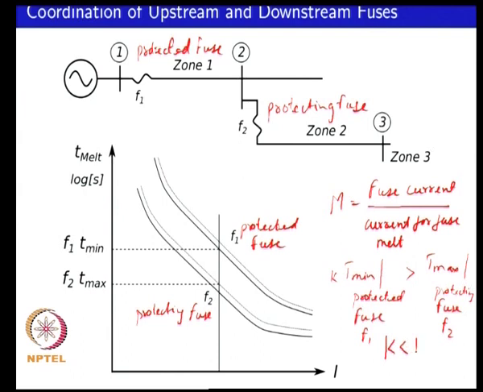So, for fault current ranges in zone 2, you want a condition like this to be satisfied. Say you could take k as say 70% or 75%.